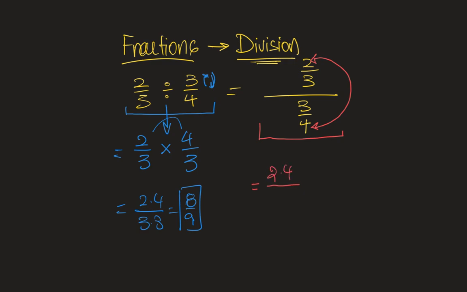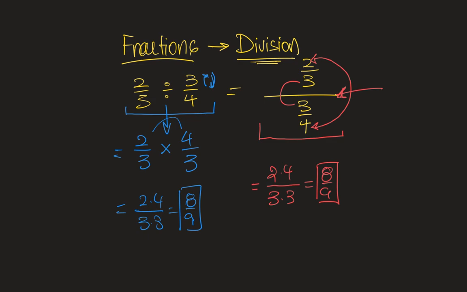So the product of the outside ones divided by the product of the ones that are closer to the main division line, and that's going to give you 8/9, and this is how you get the same answer.